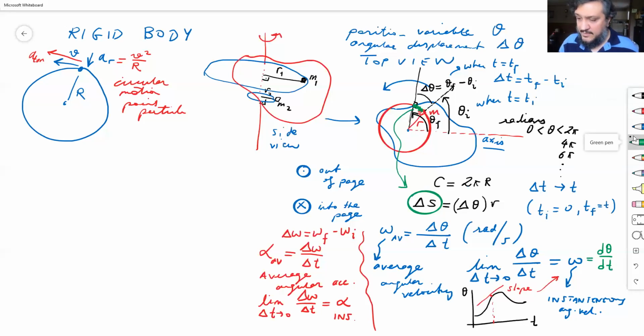Similarly, alpha turns out to be the first time derivative of omega, d omega by dt. If you've never seen calculus, don't worry about that part, but that's just the derivative. Actually, if you take one more derivative of theta, you can write alpha as d squared theta over dt squared.